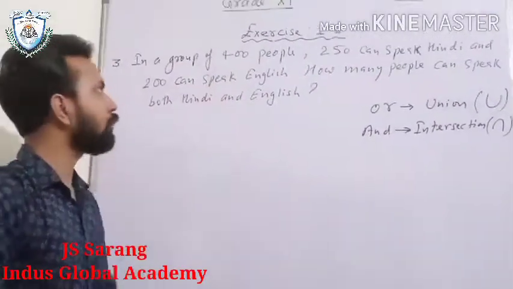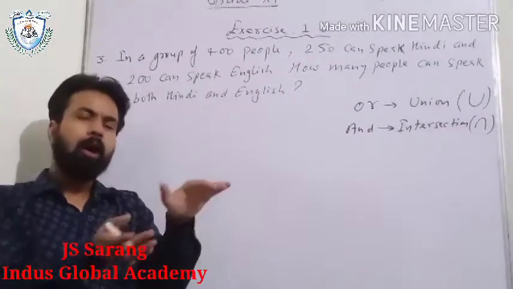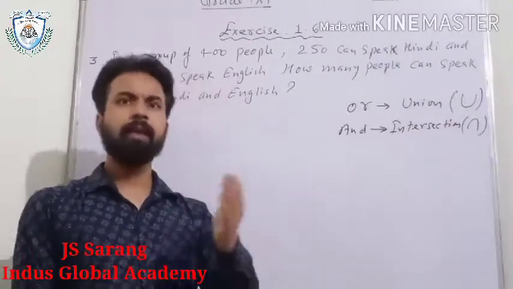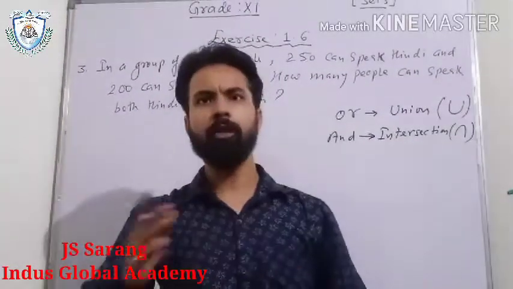So what I am going to say, there is a group of 400 people, and out of these 400, some can speak Hindi or some can speak English. So there are two groups, one group for Hindi or one group for English.